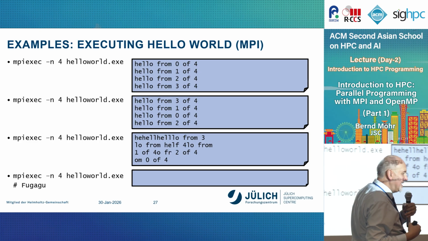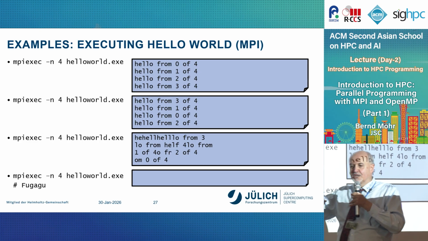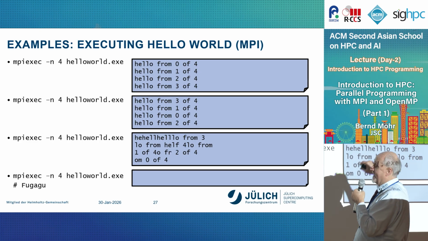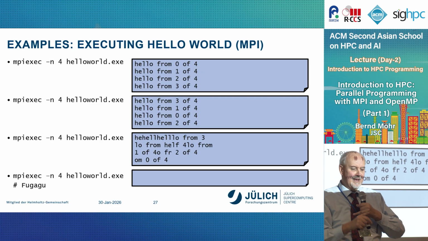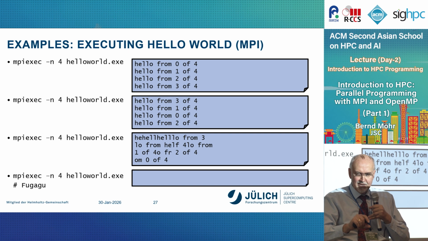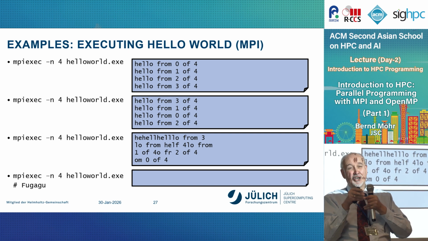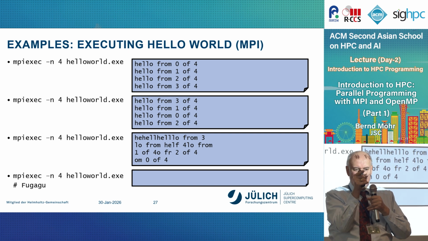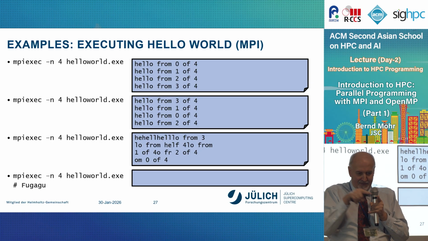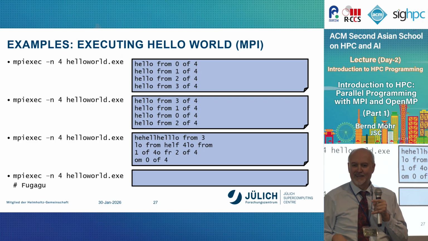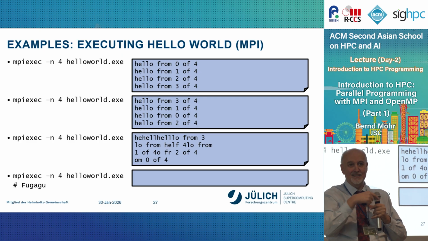So what it actually does is create a file for every rank. In the directory where you're running the program, it creates a directory, and inside it, for each output channel, it creates another directory, and in this channel, it creates a file for every rank, and then we have to look at all the files to see the output.